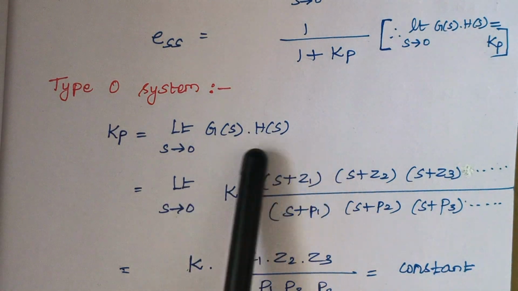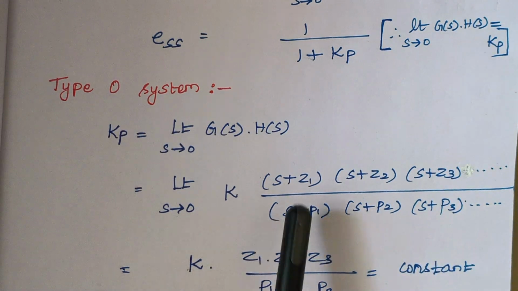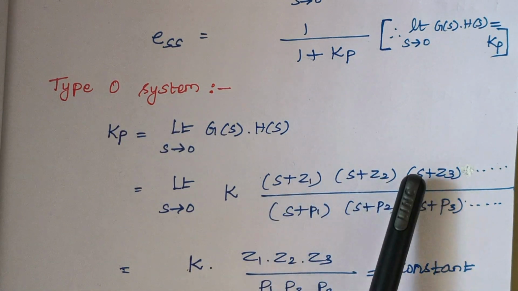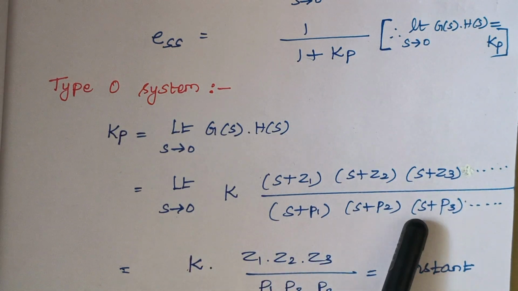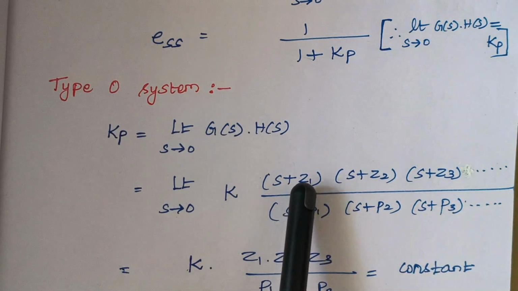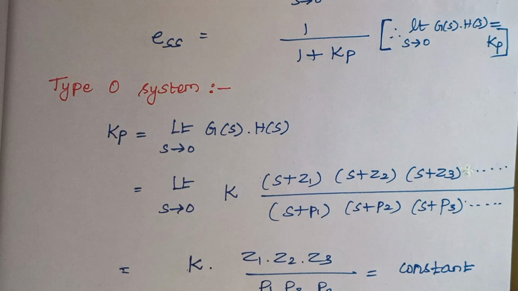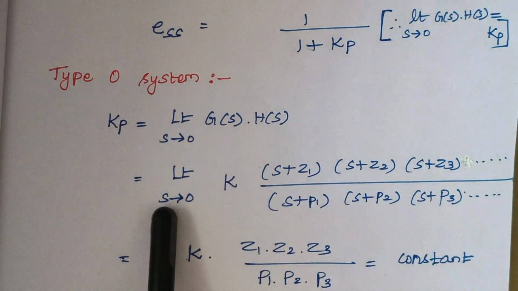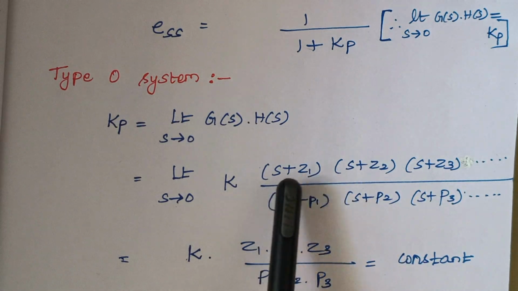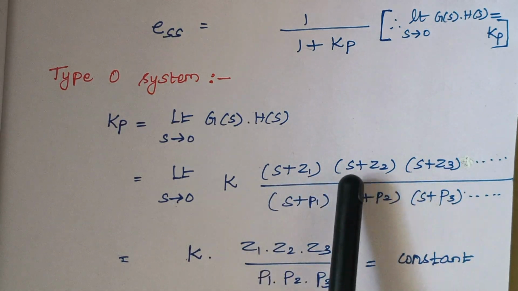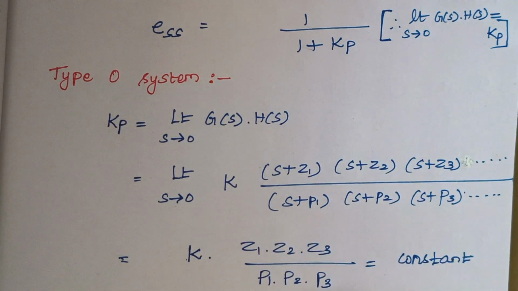The general form of the expression is K into (s plus z1)(s plus z2)(s plus z3) divided by (s plus p1)(s plus p2)(s plus p3), where z denotes zeros and p1, p2, p3 denote poles. When you substitute s as 0, 0 plus z1 becomes z1, 0 plus z2 becomes z2, and similarly 0 plus p3 becomes p3.